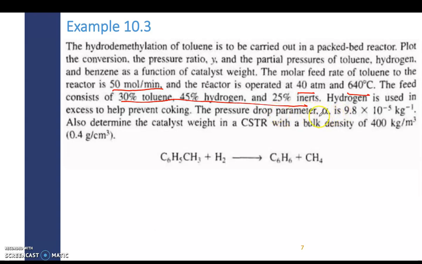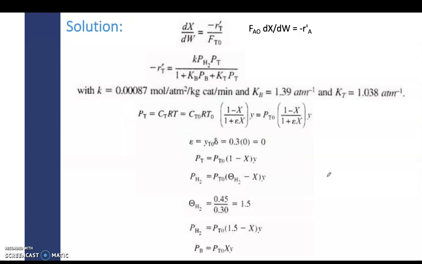And then you have the pressure drop parameter, and they want you to determine the catalyst weight in a CSTR with bulk density, this is your rho B. Again, this is toluene plus hydrogen giving benzene and methane, right?